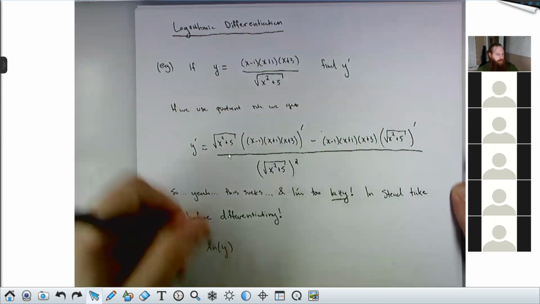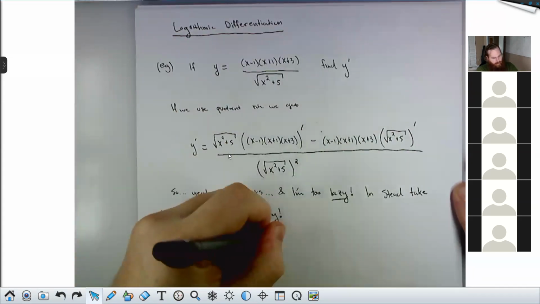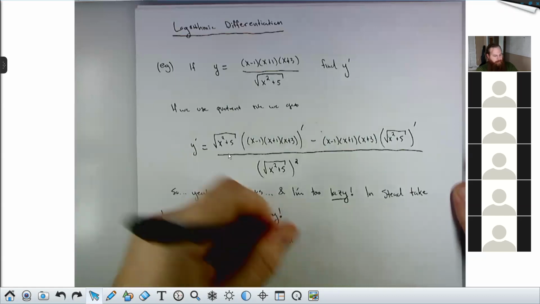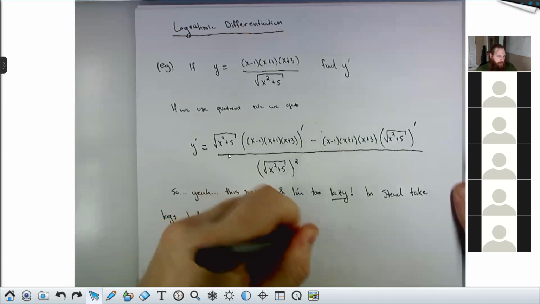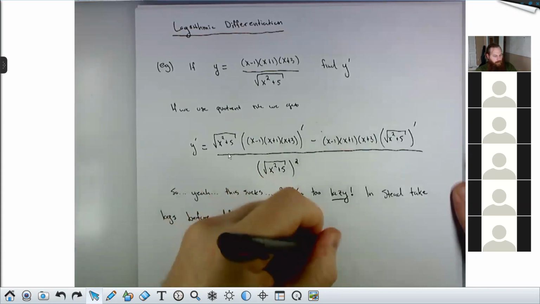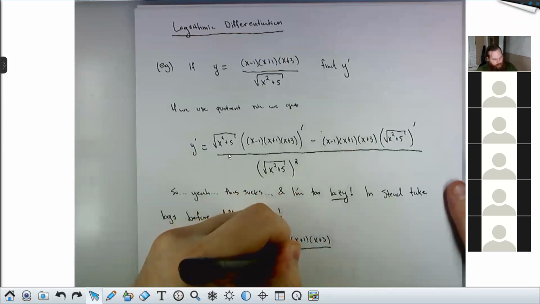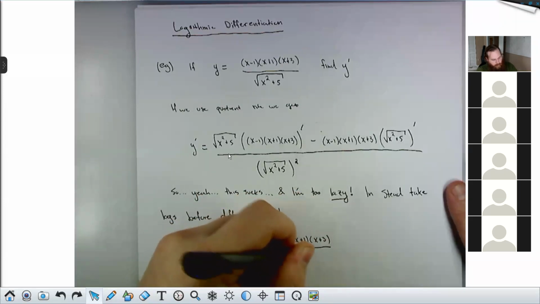Still no calculus being done. I'm just going to do a bunch of algebra. You remember in your pre-calculus class when there were all those problems like combine the logarithm or expand the logarithm as much as possible? This is why.